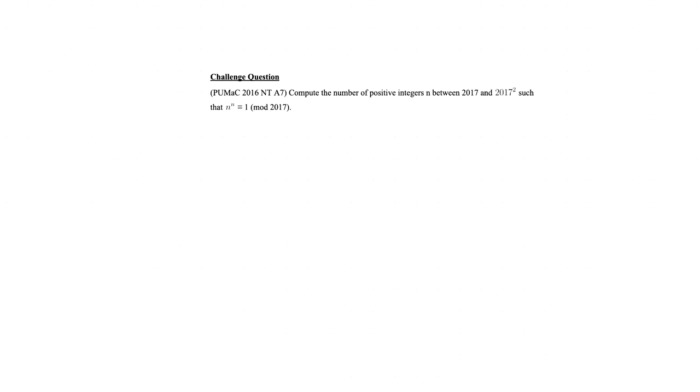Compute the number of positive integers n between 2017 and 2017 squared, such that n to the nth power is congruent to 1 mod 2017. If you have any ideas, please DM me in the chat, or if you have an answer. I've not received the correct answer so far, so I'll give you 1 minute to do that.